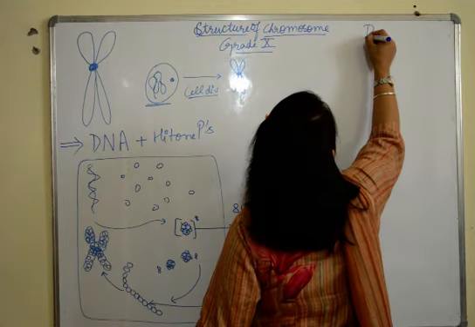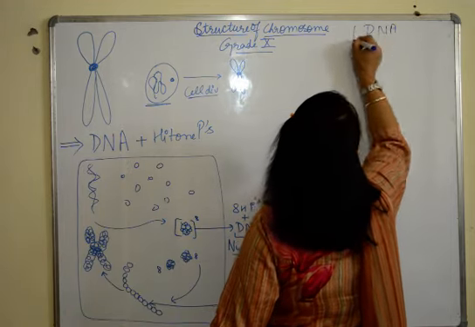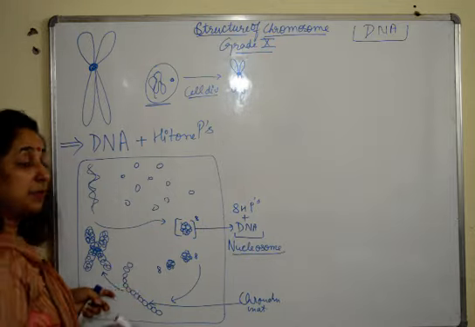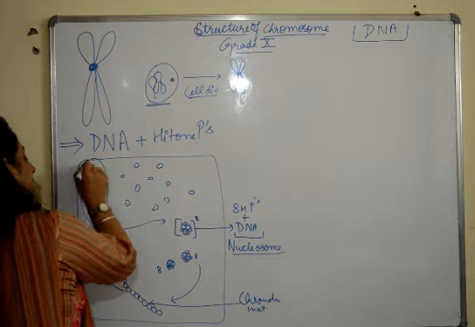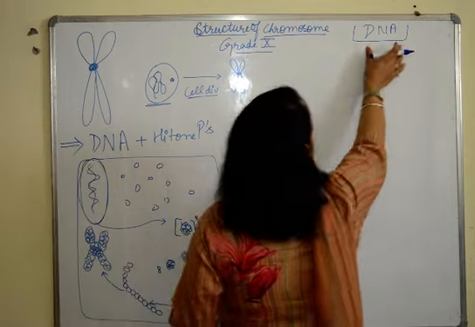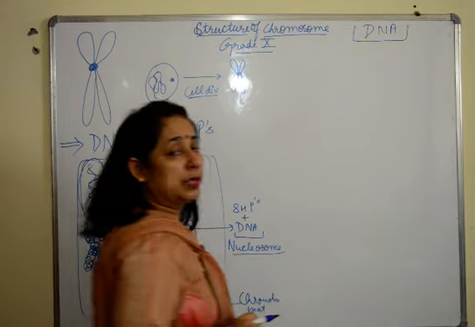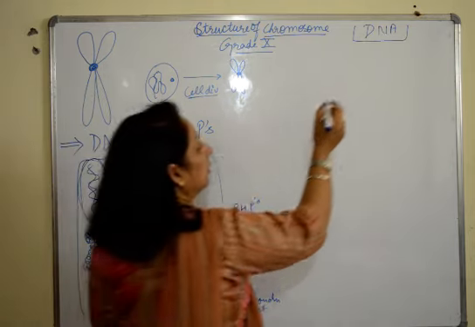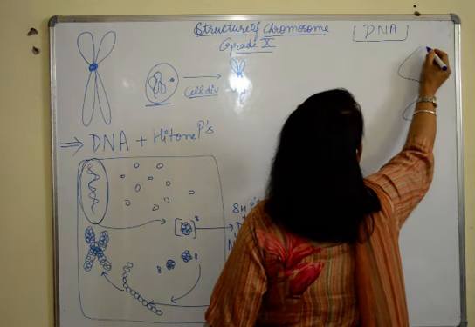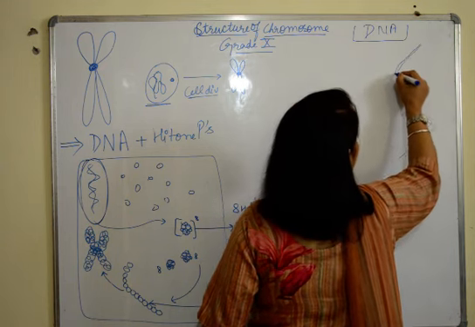Next we have our DNA. अब हमें पता है we have already discussed this formation, but what about this molecule? So we will talk about it a bit. DNA, deoxyribonucleic acid, is a double helical structure. I'll not make that in detail.